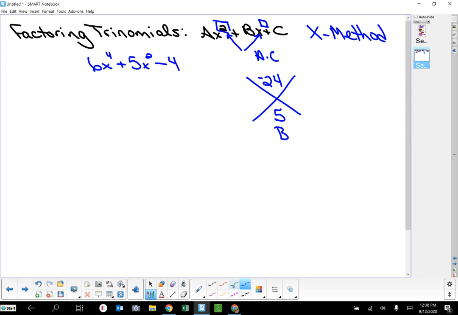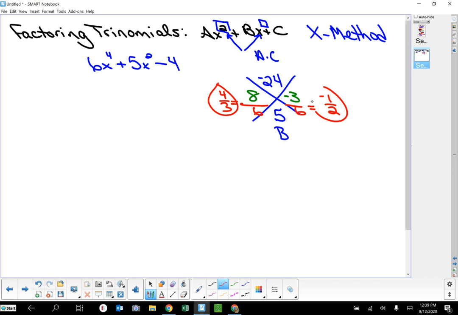The B is 5. Then we look for factors that will multiply to the top and add to the bottom. 8 and 3 will multiply to 24. To make it negative, one has to be positive and one negative. To make them add to 5, the 8 has to be positive and the 3 has to be negative. Then we divide by the A term and reduce.